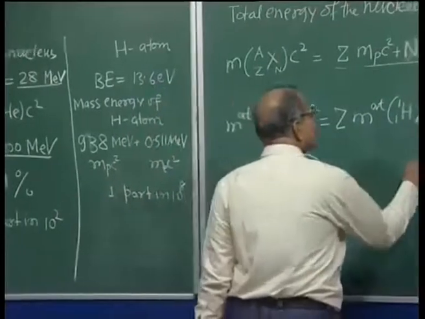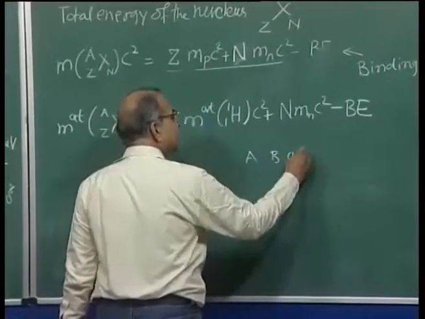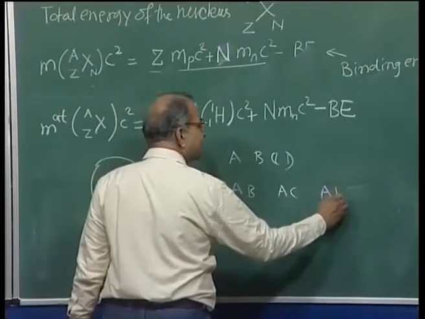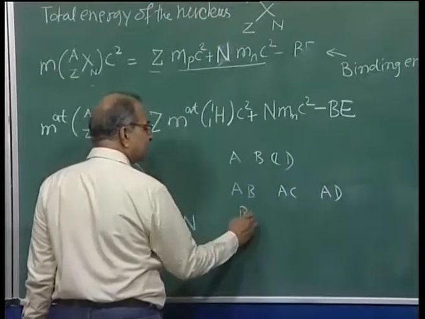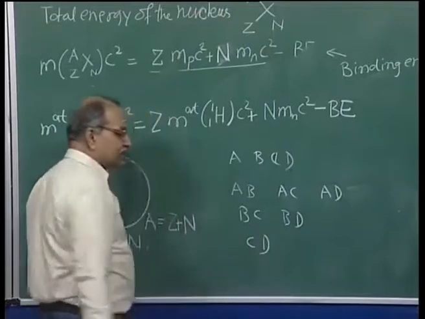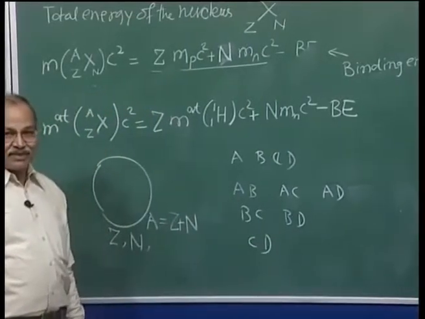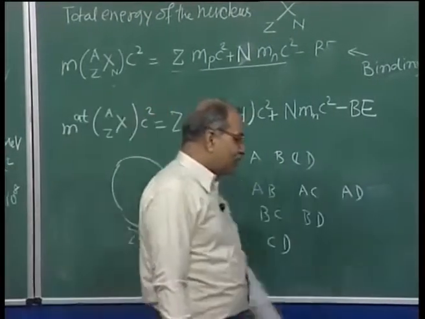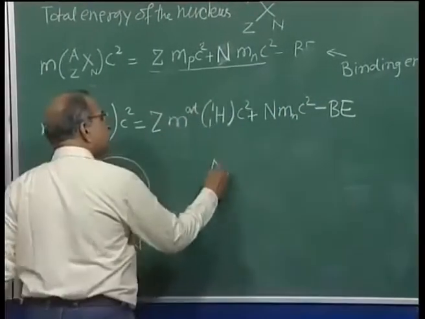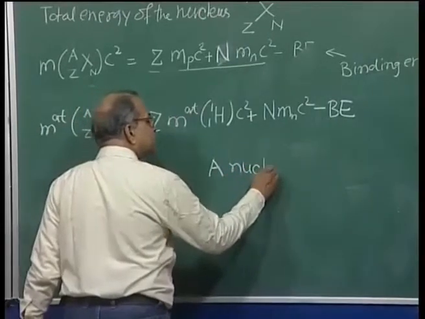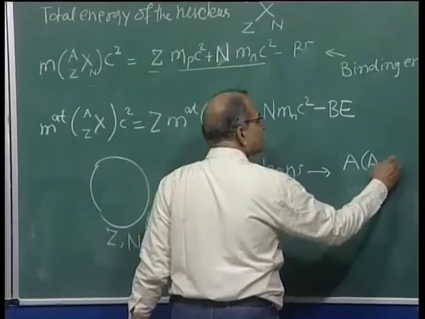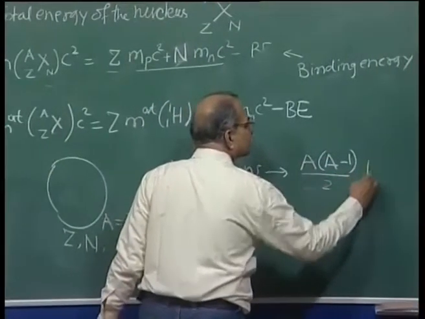If you have 4 particles A, B, C and D, you can form AB, AC, AD, then BC, BD, and CD. So, 6. Similarly, if you have A nucleons, you can form A times (A minus 1) by 2 pairs.